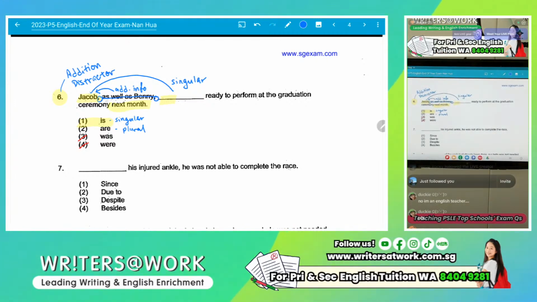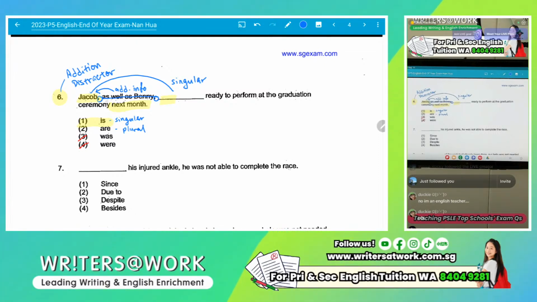There are other forms of it also. For example, you have a subtraction distractor. For example, all of the students except for Jacob, right? All of the students except for Jacob, that's a subtraction distractor. But regardless whether it's addition or subtraction, when you have a distractor, it serves to pull your attention away from what's truly important, right?